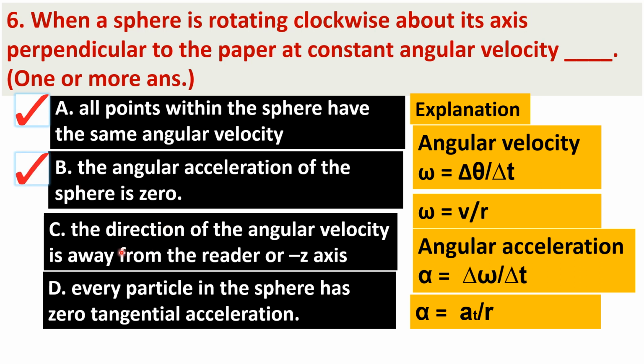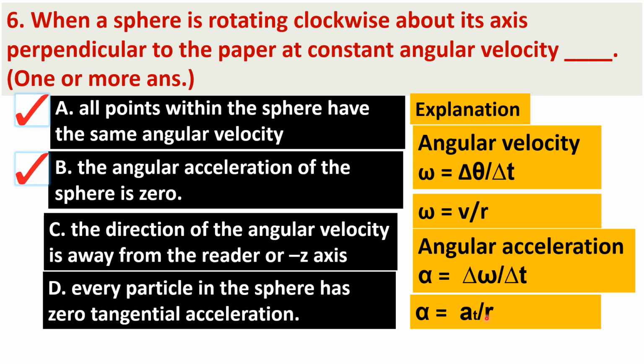How about letter C? The direction of the angular velocity is away from the reader or towards the negative z-axis. I'll come back to that. Let's discuss first letter D. Every particle in the sphere has 0 tangential acceleration. We already said that alpha is equal to tangential acceleration divided by r.